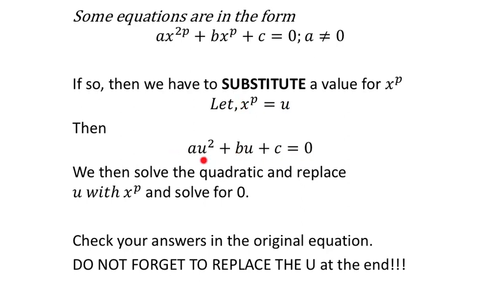And then you can see this really just changes back into its regular quadratic form. Now, after that, we solve that quadratic and replace the u with x to the power of p. We're going to solve this quadratic for u, and I don't really understand why they used u, but they did. Then we replace it back with this and solve for 0, okay?